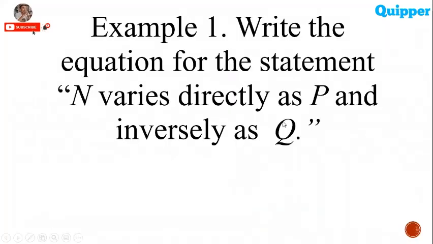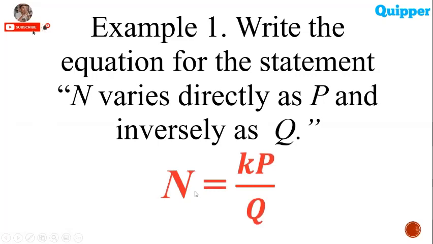Next, write the equation for the statement n varies directly as p and inversely as q. We have here the answer. N is equal to kp over q.